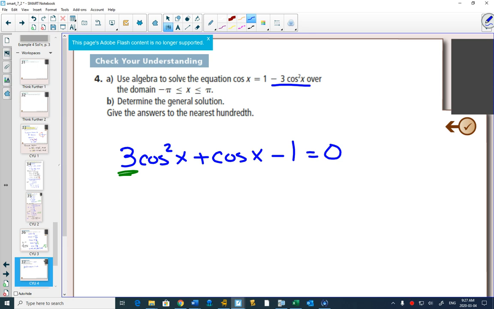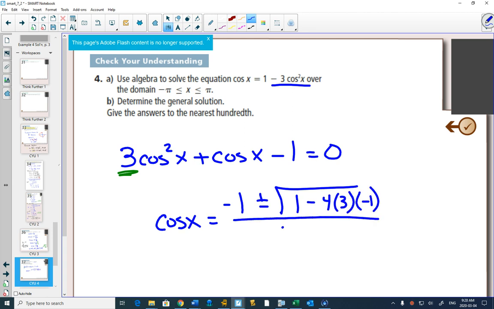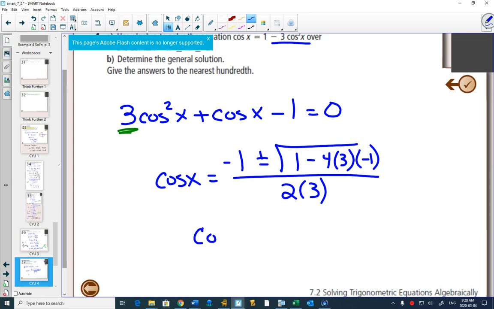So now my quadratic formula would say x equals, but since it's cos that's squared, we'd write cos x equals negative b plus or minus the square root of b squared minus 4 times a times c, over 2 times a. And simplifying this, negative 1 plus or minus square root of 13 over 6.